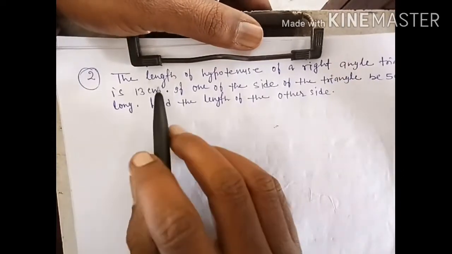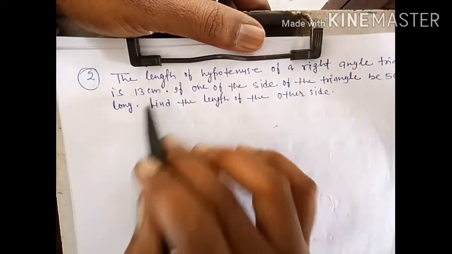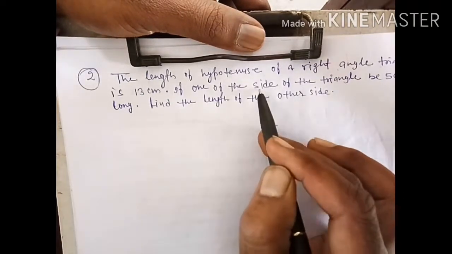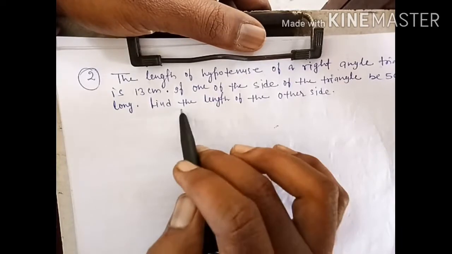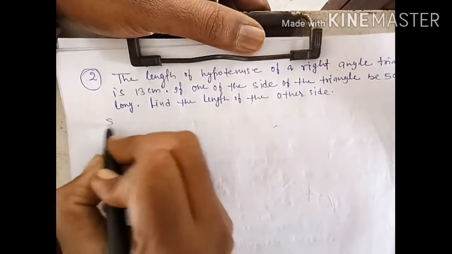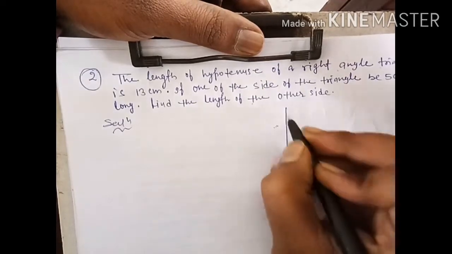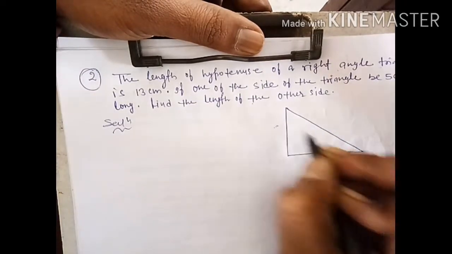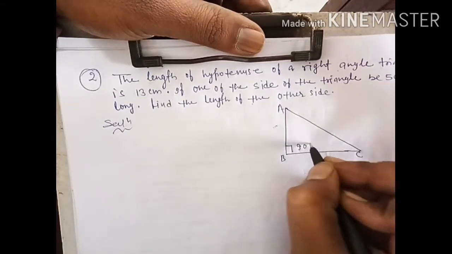Here the second question. The length of the hypotenuse of a right angle triangle is 13 centimeter. If one of the sides of the triangle is 5 centimeter, find the length of the other side. Solution. First we make a right angle triangle, that is triangle ABC. Here angle B is equal to 90 degrees.